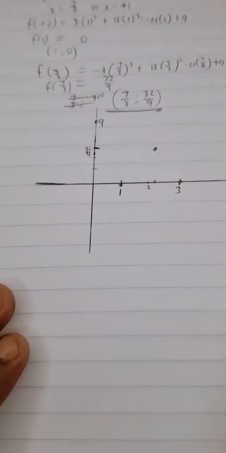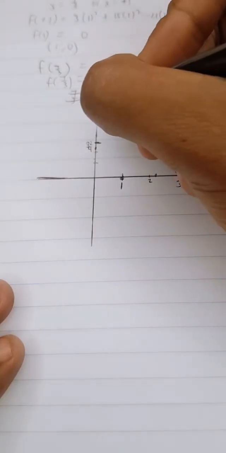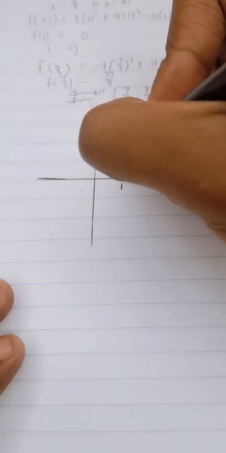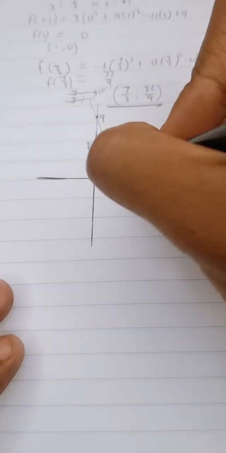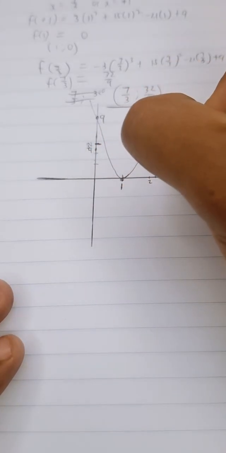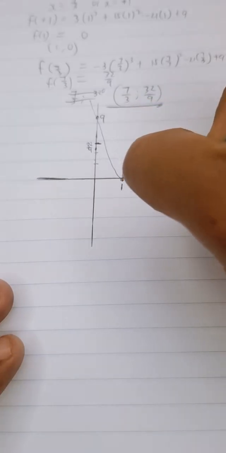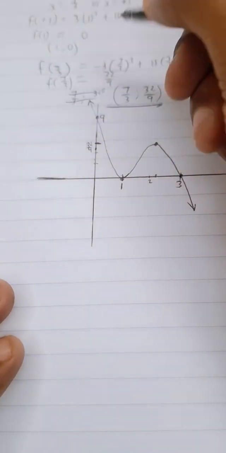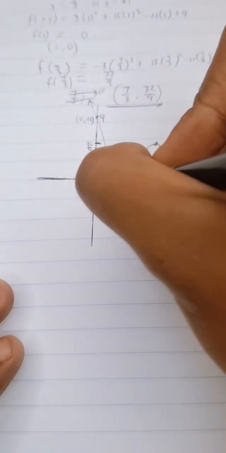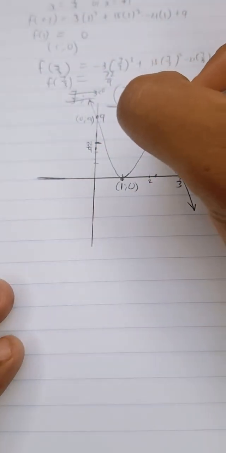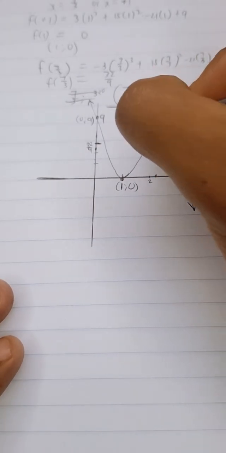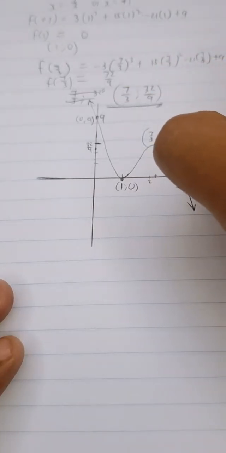So there we're going to sketch this now. It comes down like that, turns. 0 and 9. 1 and 0. 7 over 3 with 32 over 9. And then 3 and 0.